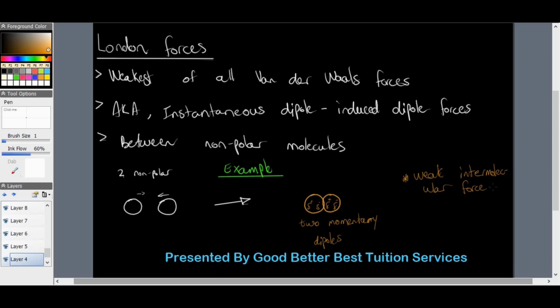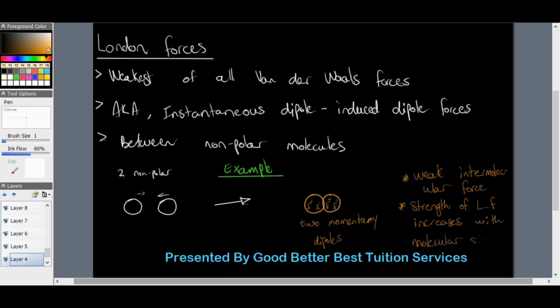So the strength of London forces increases with molecular size. Let's add that down: the strength of London forces, LF, increases as the molecule size increases, so with molecular size.